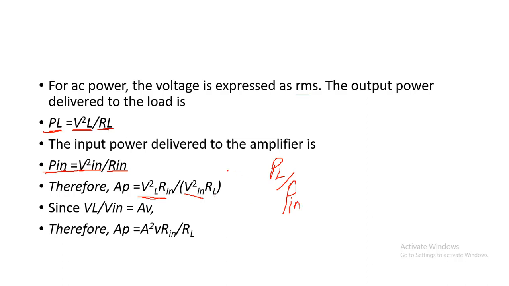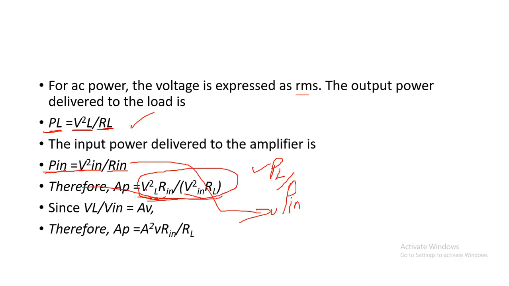If you put the value of PL over here and the value of Pin over here, you will get this equation. This term goes into the denominator and this term comes into the numerator. So the equation becomes VL squared Rin divided by Vin squared times RL.